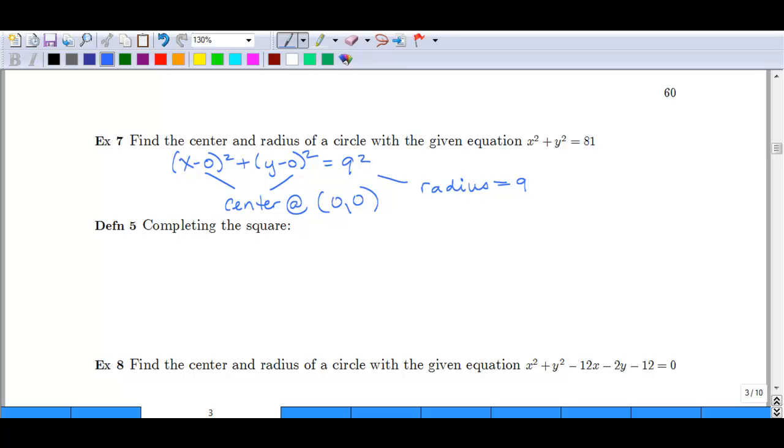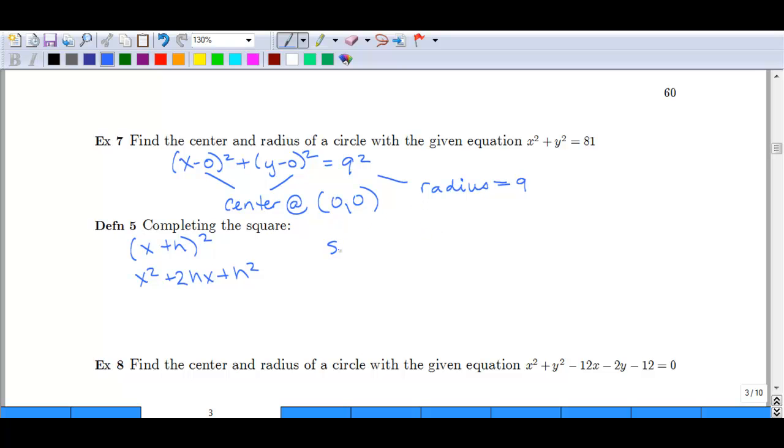If, however, we have anything more complicated than that, we need to use a technique called completing the square. You may have seen this before or you may not, so I'm going to walk you through it. It's based on the fact that if we had x plus h quantity squared and expanded it out, we would get x squared plus 2hx plus h squared.